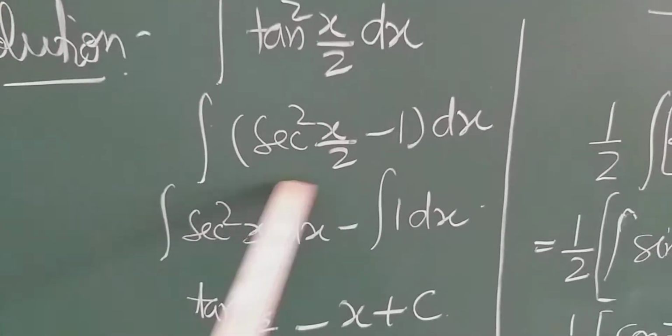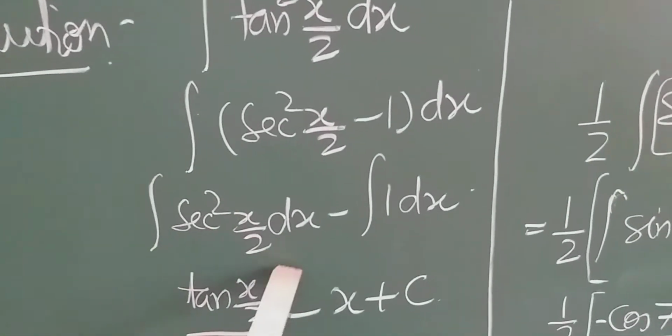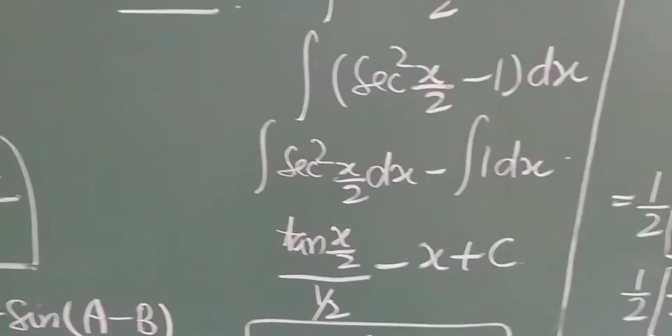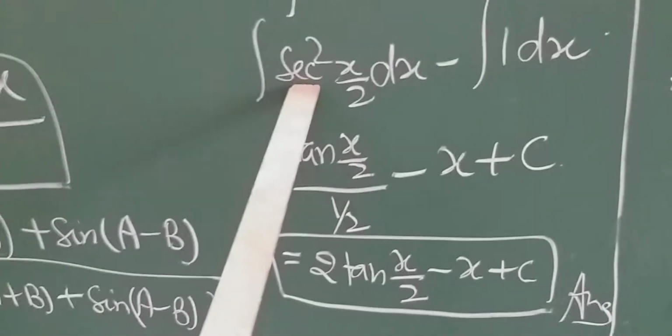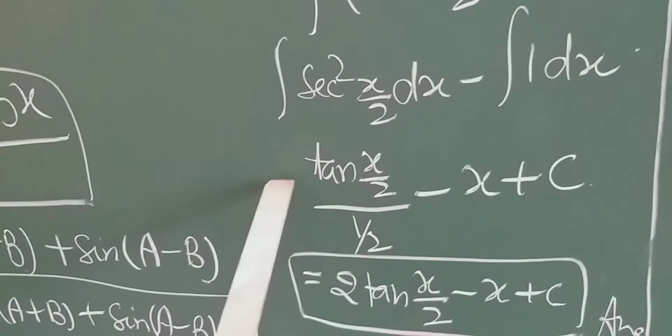So we can write both of them separately: integration of sec square (x by 2) dx minus integration of 1 dx. We know that the integration of sec square (x by 2) is tan (x by 2).